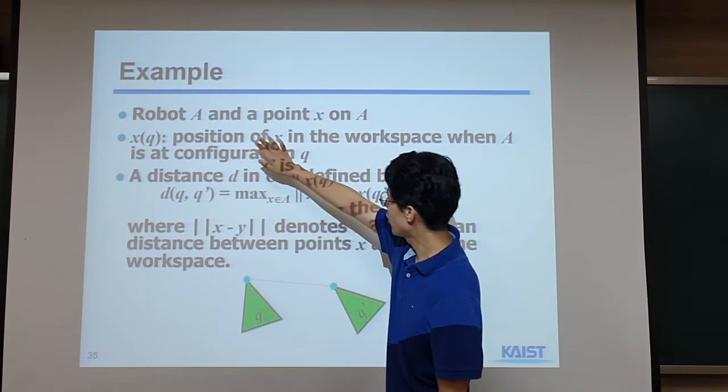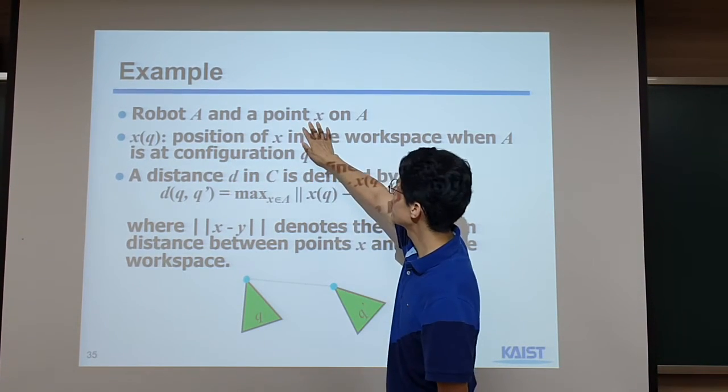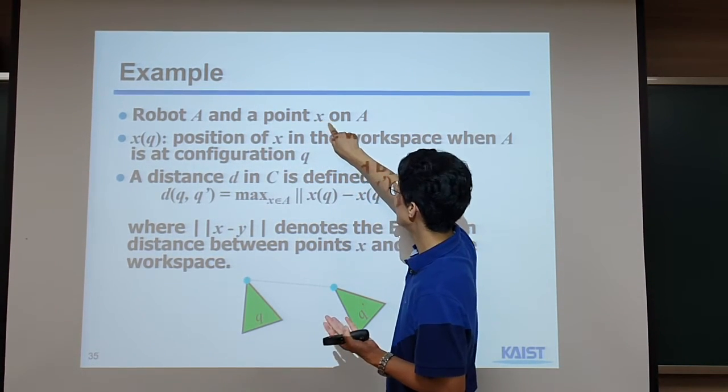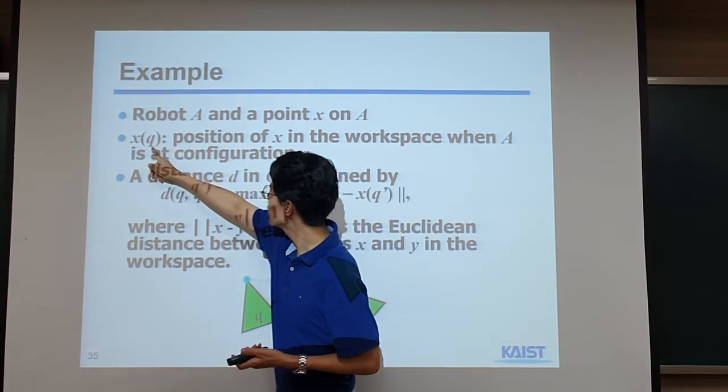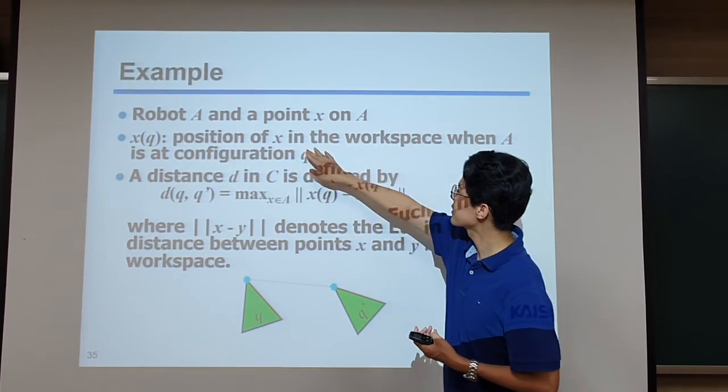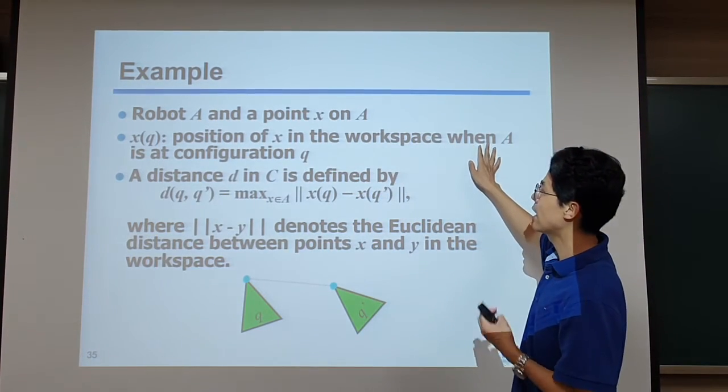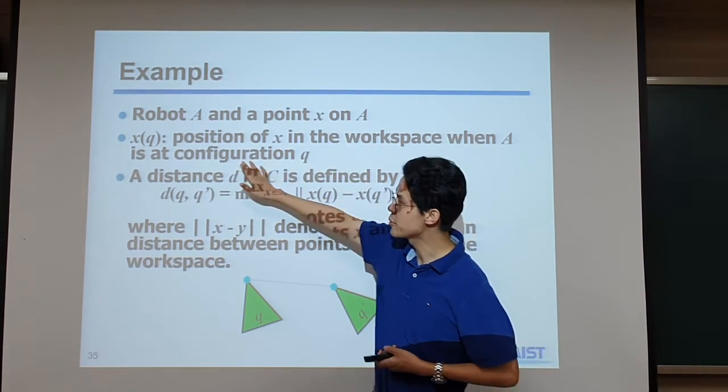Let's say we have robot A, and we use x on a particular point on robot A, and x of q gives us the position of x in the workspace when robot A is at configuration q.